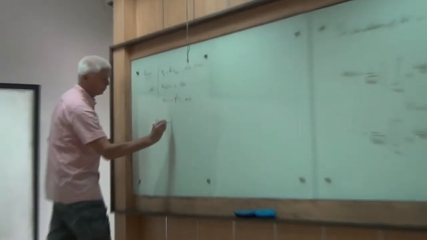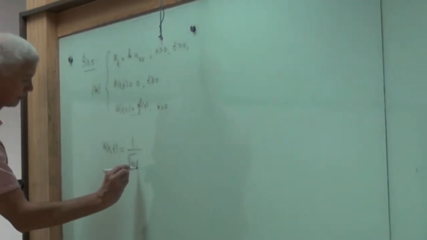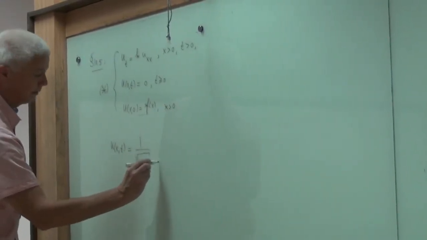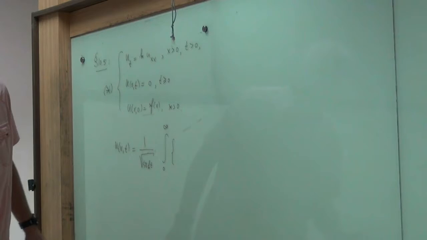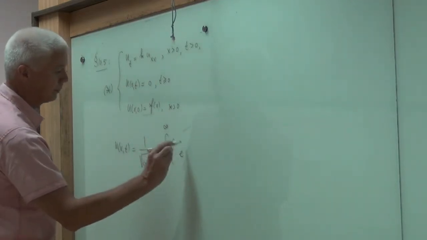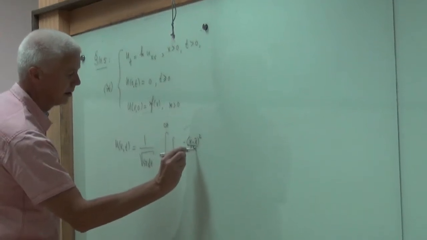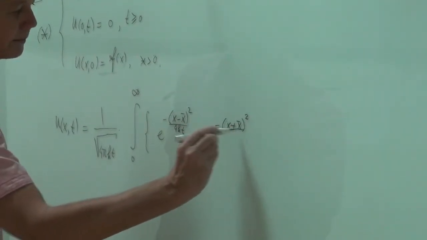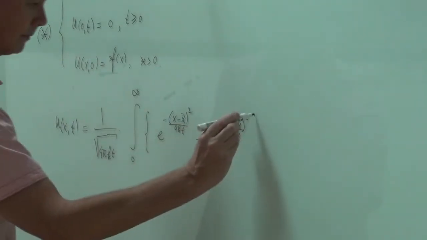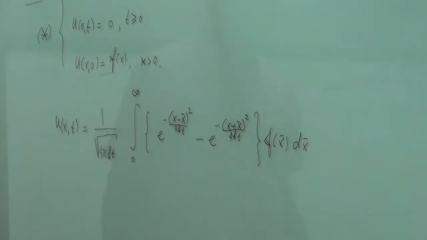u(x,t) is 1 over the square root of 4 pi kt times the integral from 0 to infinity. And then I get here the expression e to the power minus (x minus x bar) squared over 4 kt minus e to the power minus (x plus x bar) squared over 4 kt, times f(x bar) d x bar. You agree?